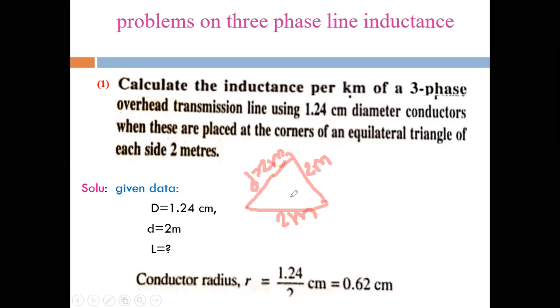The diameter of the conductor is 1.24 centimeters, and D is equal to 2 meters.